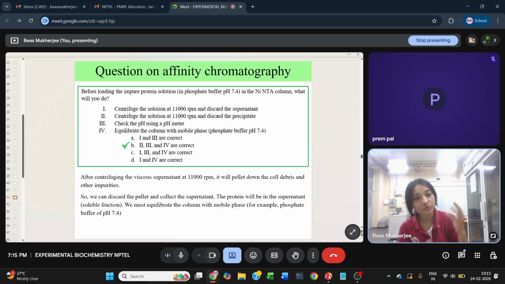Why do you spin it? So that all the bacterial debris, the broken pieces of the bacteria, the nucleic acid and all of this cell debris settles down as the pellet. In the supernatant, there is the soluble portion. The protein can be there, the nucleic acid can be there, but you have used DNase, so the nucleic acid has been chopped off.